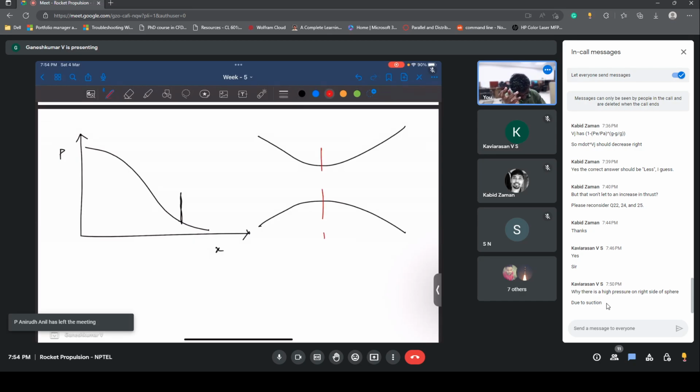Okay, so this is the divergent portion, right? If you have a subsonic flow in a divergent portion, velocity is going to decrease and pressure is going to increase, right? So that is clear.